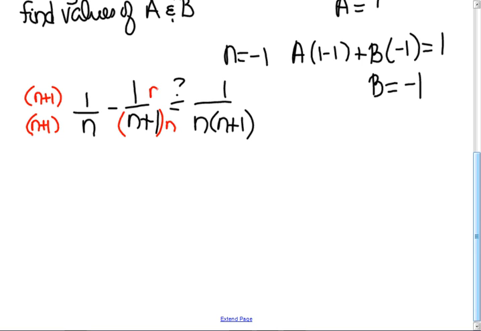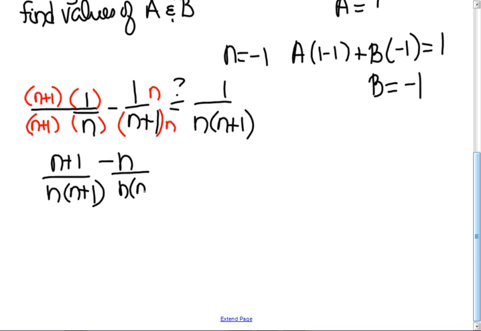N. So I get n plus 1 from this one over n times n plus 1. I'm going to have a common denominator. Minus n over n times n plus 1 equals 1 over n times n plus 1. Is that true? Yeah. It's a method to find what fractions you added together.